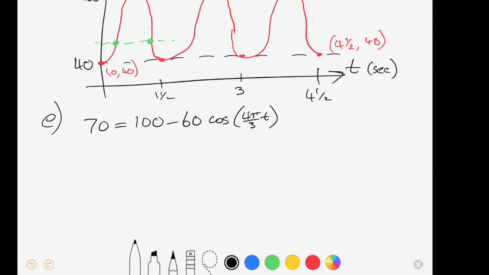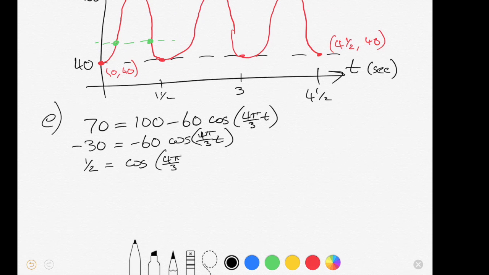Let's do it manually. First, I'm going to subtract 100 and get negative 30 is equal to negative 60 cos 4 pi on 3 t. Dividing both sides by negative 60 gives me a half is equal to cos of 4 pi on 3 t. Solving this equation, whereabouts is cos positive? We know cos is positive in that quadrant and that quadrant.